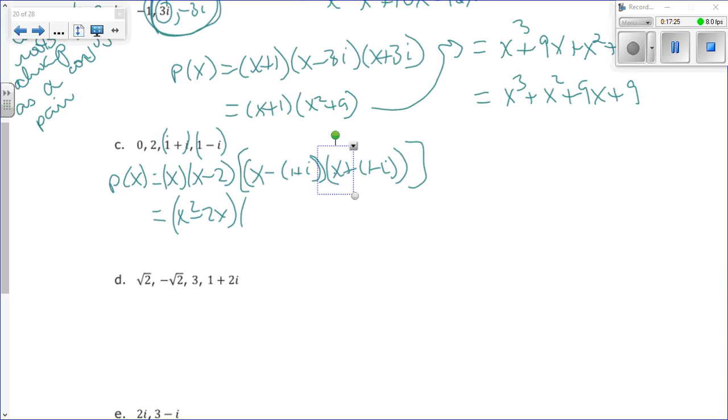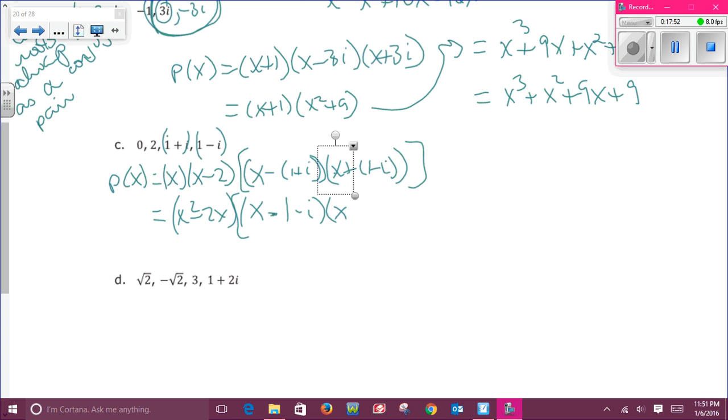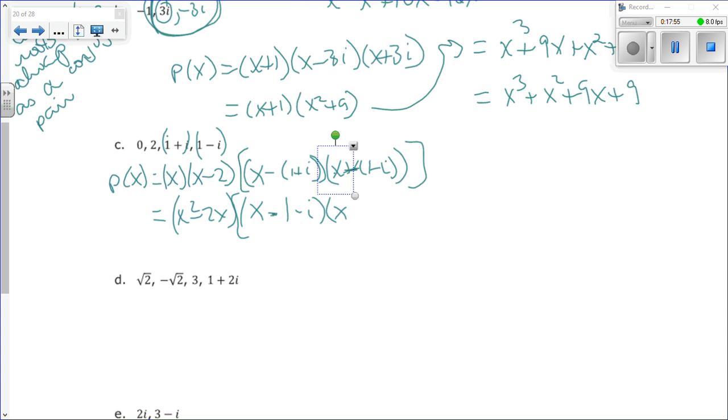And this other one, if I distribute my negatives, it might make it a little bit easier for you to see. So the x minus 1 minus i, and then x, hang on one second. I gotta go back here and change the sign. This should be a negative, not a positive, because that's a positive 1.